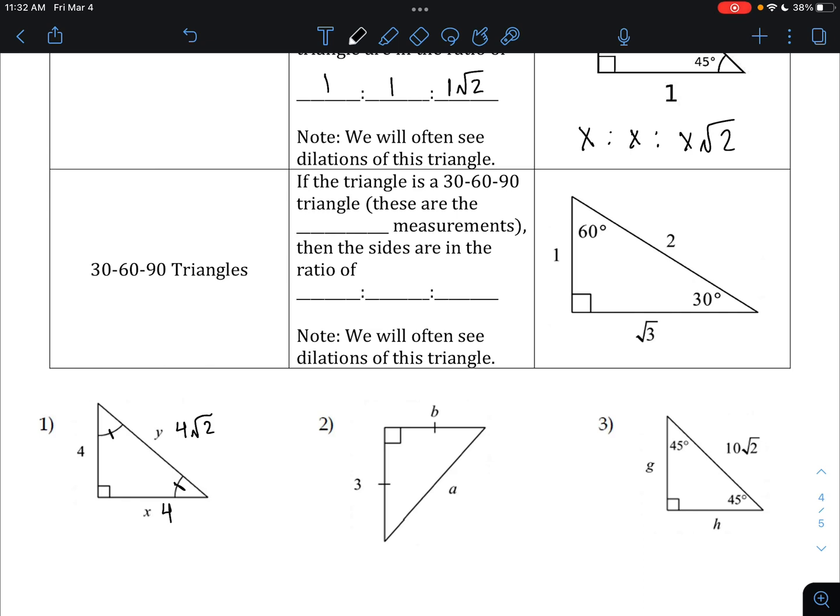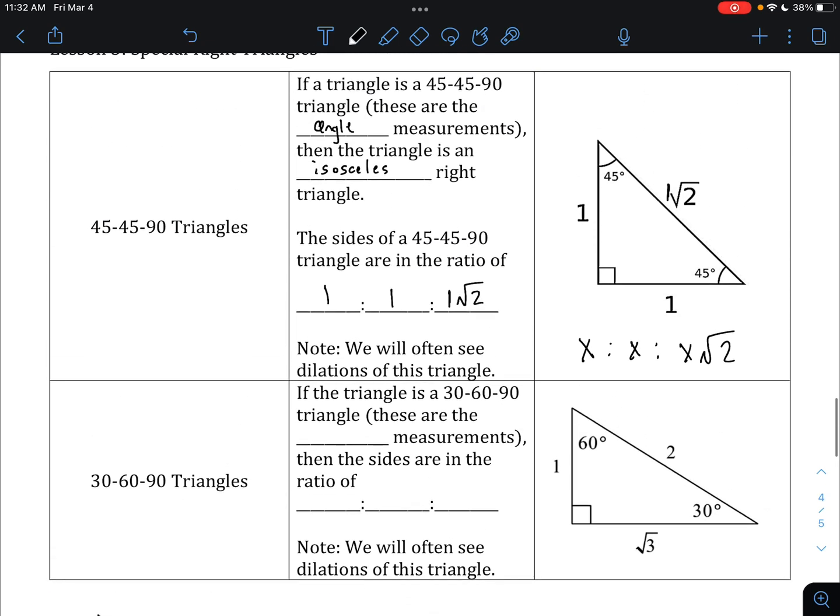So what's really going on behind that is that anytime I'm going from my leg, if I'm given my leg, and I want to find my hypotenuse, we're going to multiply by the square root of 2.